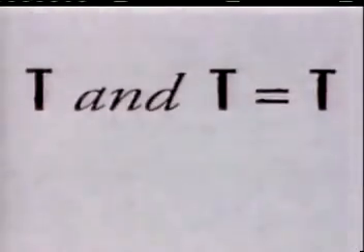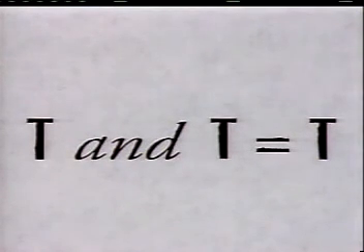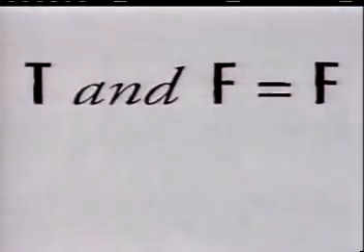For example, when two true statements are combined with and, the concluding statement will always be true. But if a true statement is ever combined with a false statement, the conclusion will always be false.